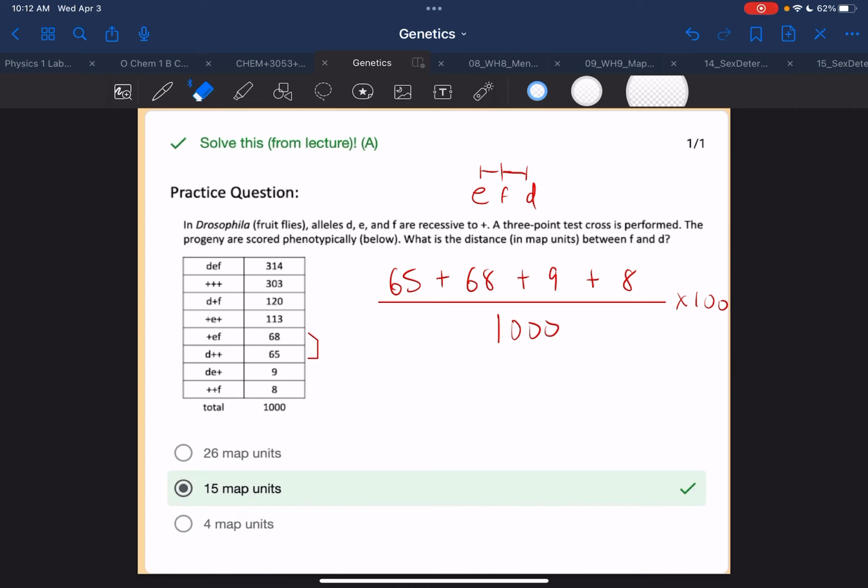Now, if the question had asked instead for the distance between F and E, we're going to keep our 9 and 8 the same.